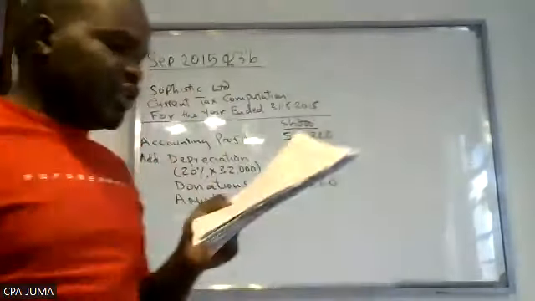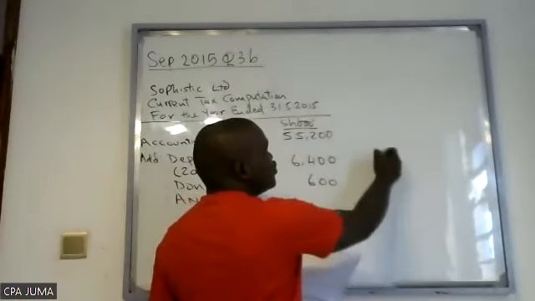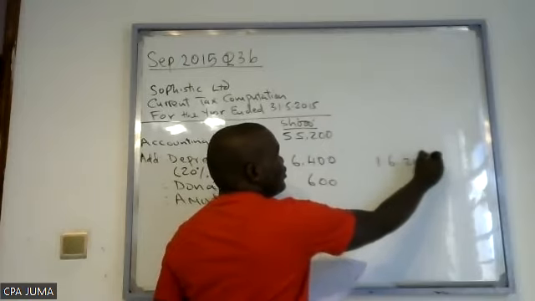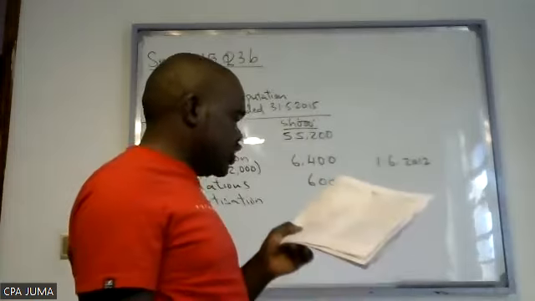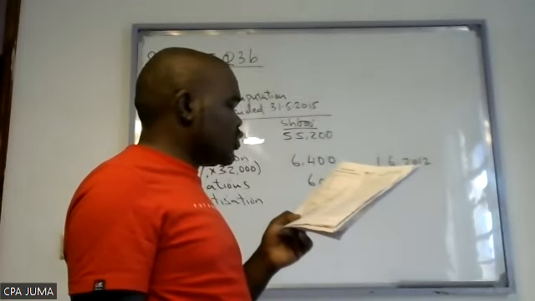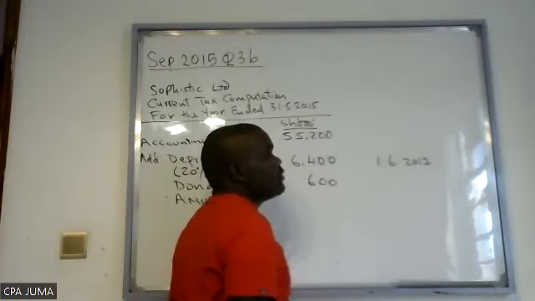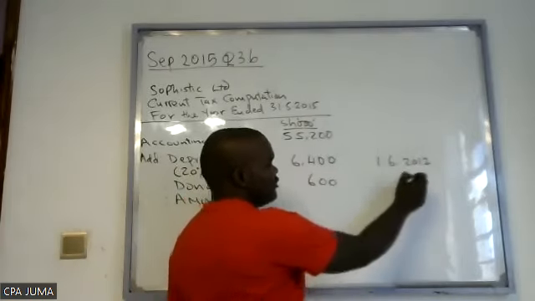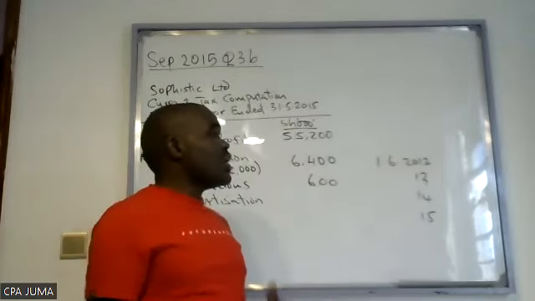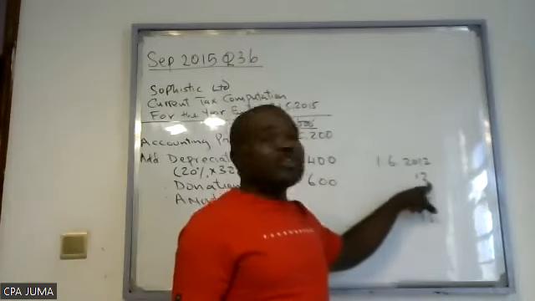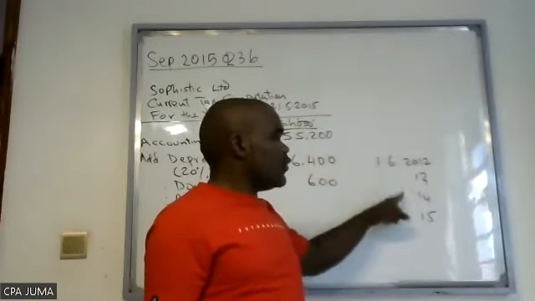So we want amortization. They started amortizing the asset on 1st June 2012 using the sum of digits method. So we are in which year? We are dealing with 2015. So 2012 to 2015 is how many years? 2012, 13, 14, 15.